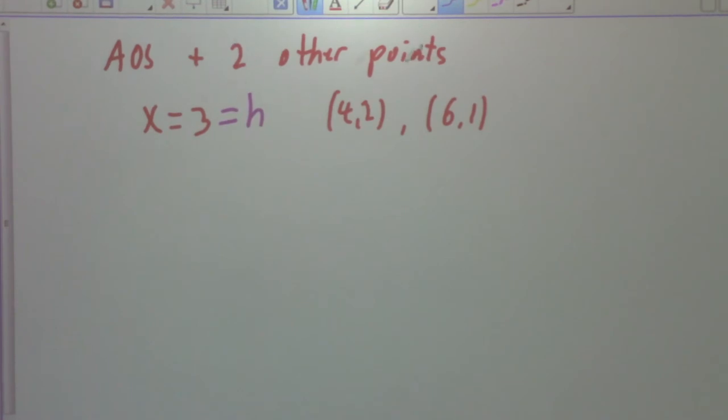So h is equal to 3, and we have x equals 3 equals h in this case. Now we're going to write f of x equals a, which we don't know yet, and since h is equal to 3, this is going to be x minus 3 squared plus k.